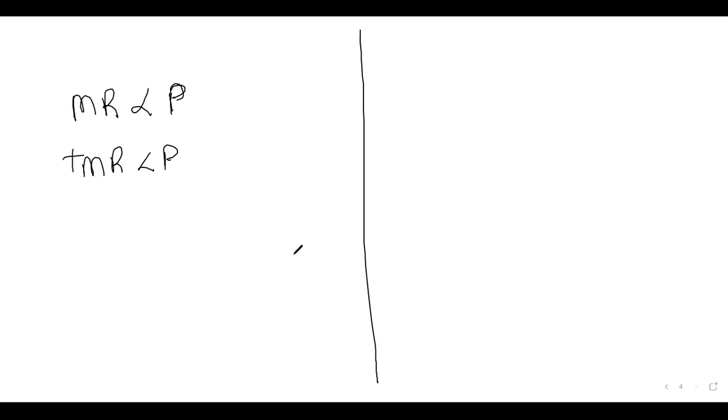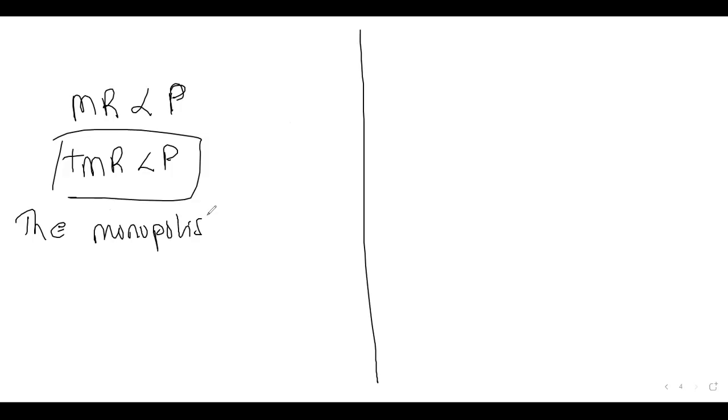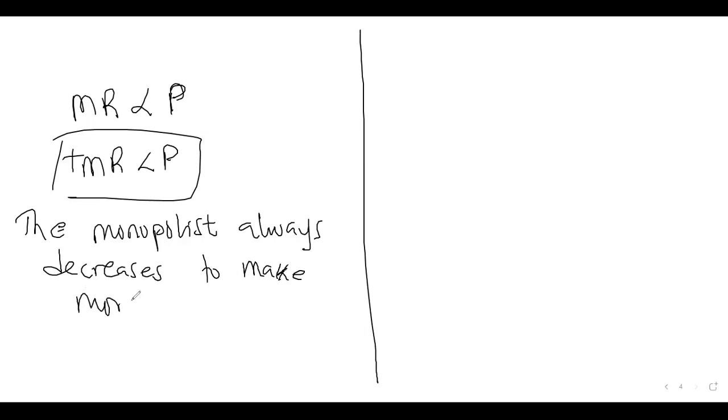Now, this also brings in another intuition. When a firm's marginal revenue is always less than the price, it means that the monopolist always decreases price to make more revenue.